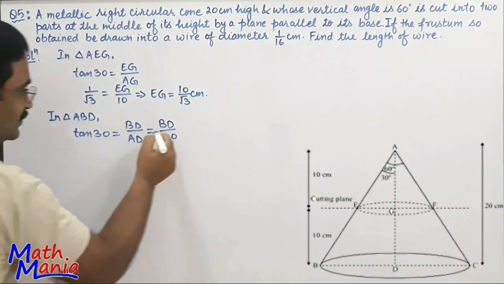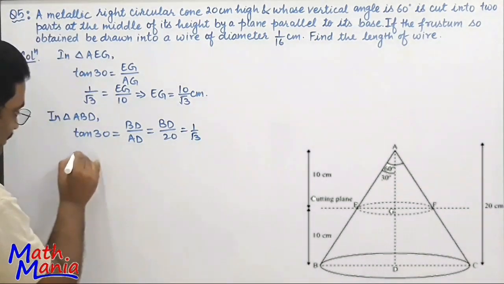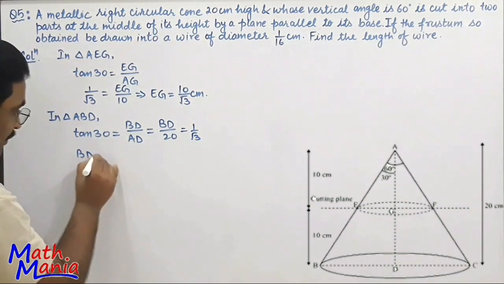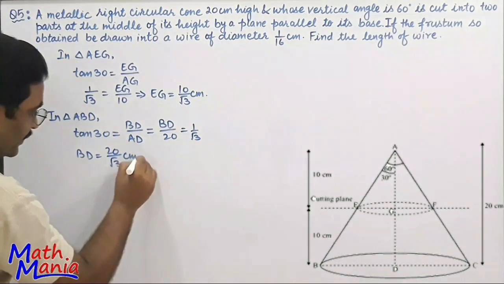So this is equal to 1 upon root 3. Therefore BD is equal to 20 upon root 3 centimeter.